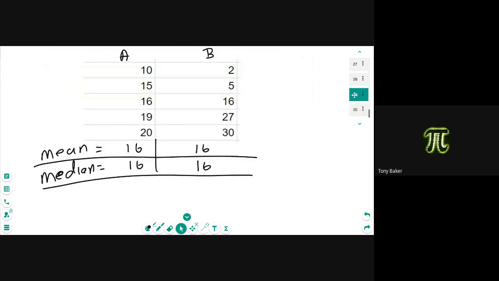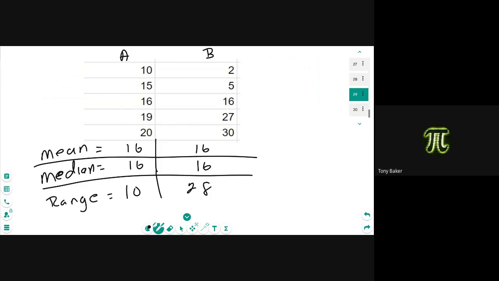So if we look at this one, my range for the first one was 10, and the second one was 28. It's 20 minus 10 and 30 minus 2. So you're just subtracting the largest and the smallest. That'll give you your range.